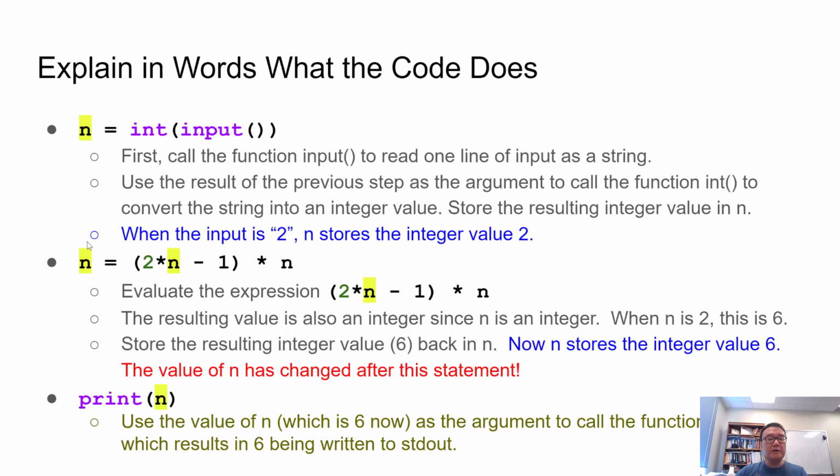The value of n changes after the execution of this line, because this is an assignment statement that assigns a value to n. For the last line, we first evaluate the expression n, which is just 6, and then pass that value 6 as an argument to the function print, and print will write out the 6.